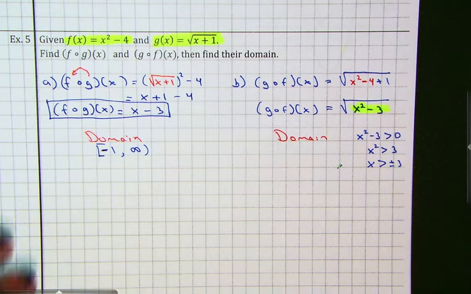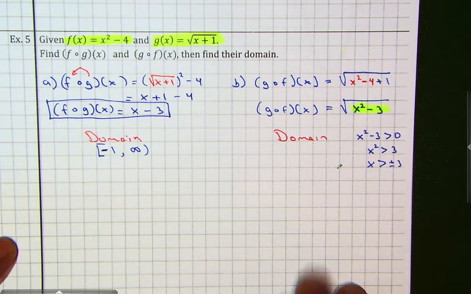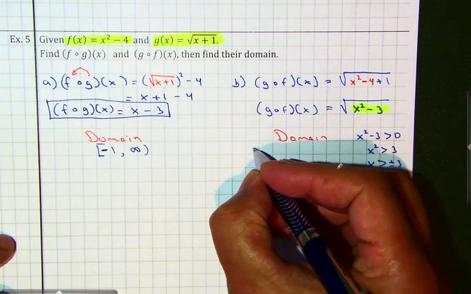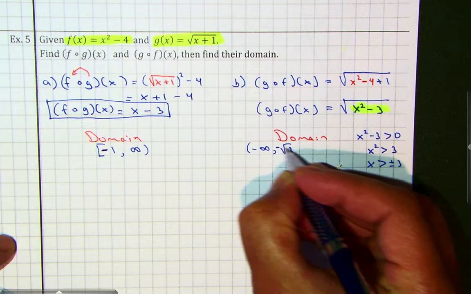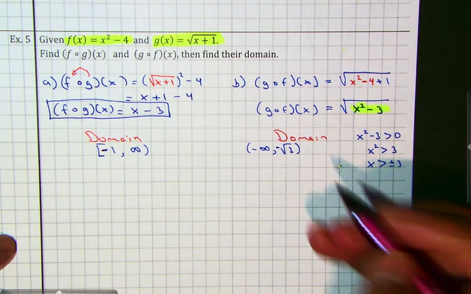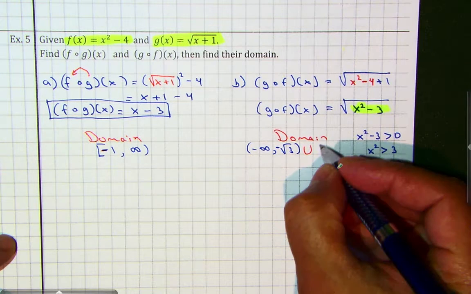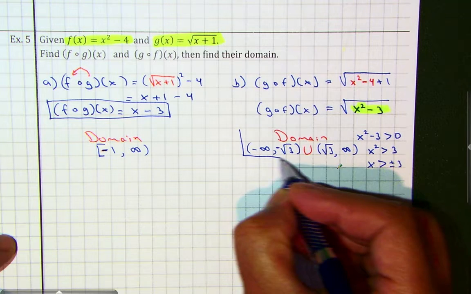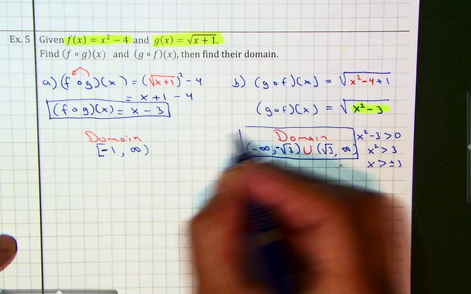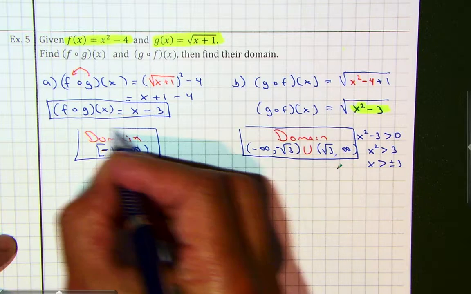So therefore, the domain, the values that we can plug in, is from negative infinity all the way to negative square root of 3, union positive square root of 3 all the way to infinity. That'll be the domain for this part, and this will be the answer.